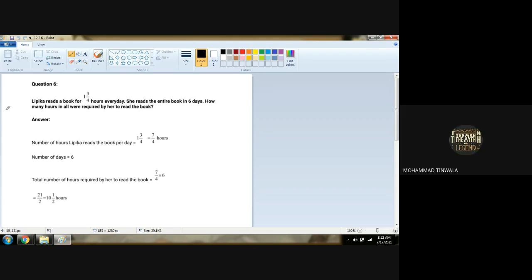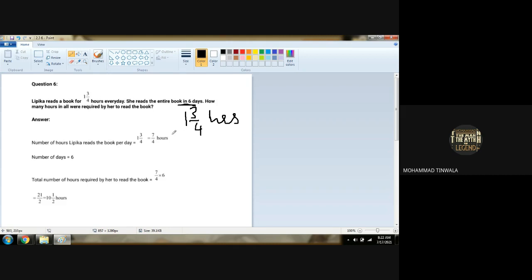What problem sum does this belong to? Deepika reads a book for one integer 3 upon 4 hours. We don't know exactly how many hours in total, but hours per day are given in mixed fractions. She reads the entire book in 6 days.